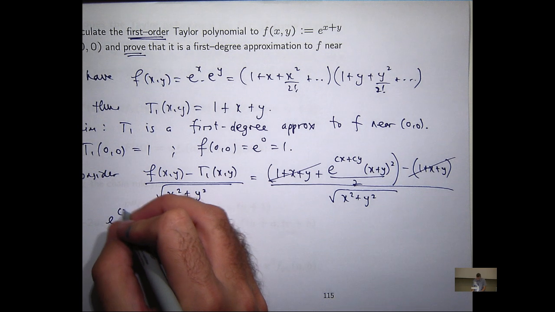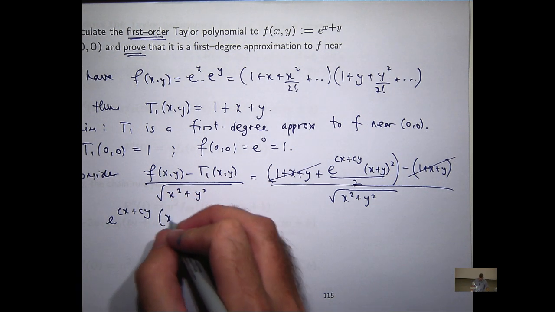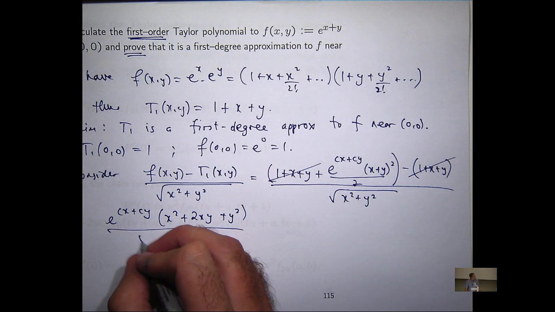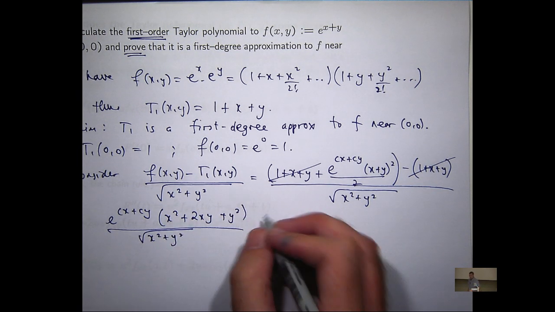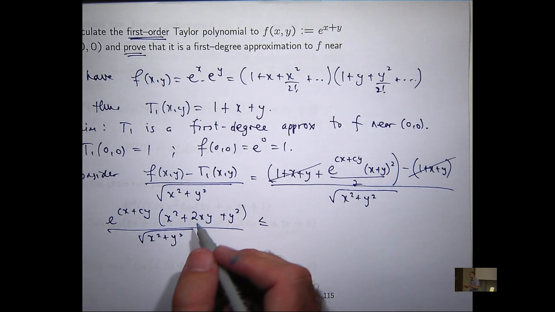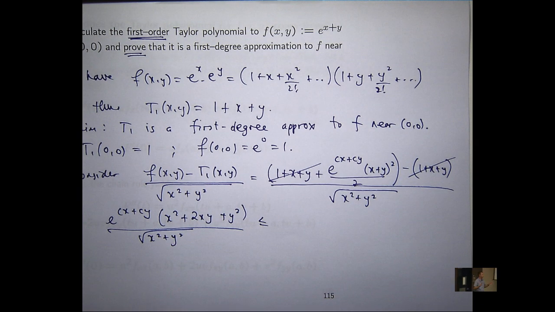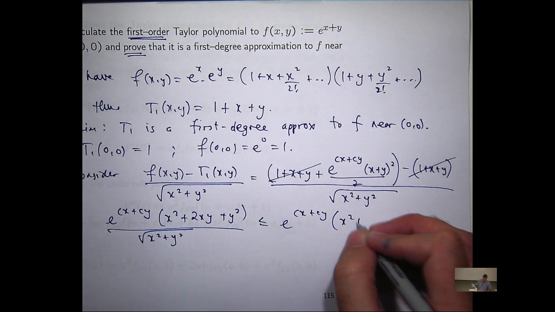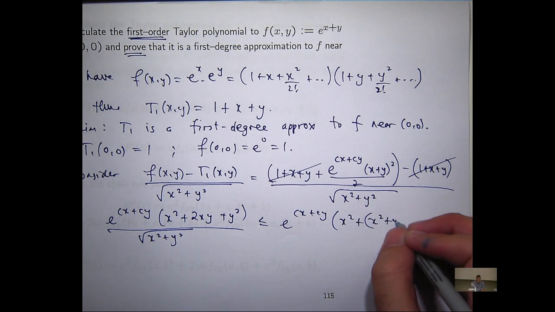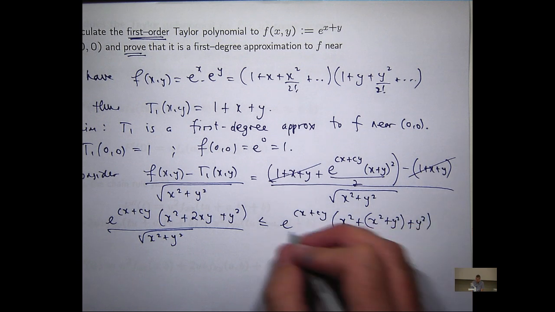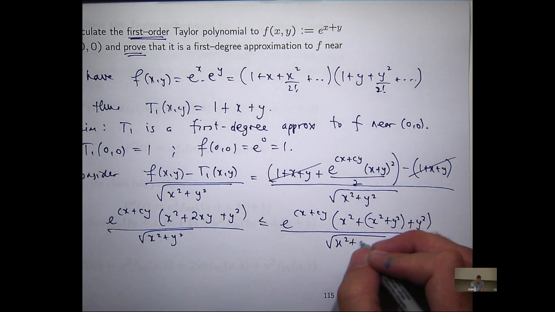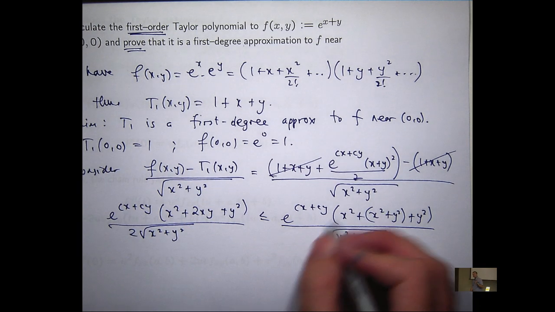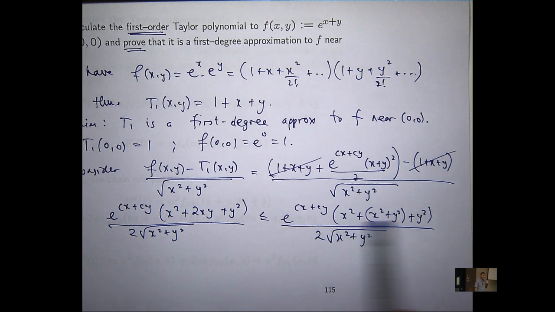Okay? So here, I know that 2xy is less than or equal to x squared plus y squared. So at the top, oh, hang on, I'm missing a 2, aren't I? That 2. So at the top, I'm going to get a 2.